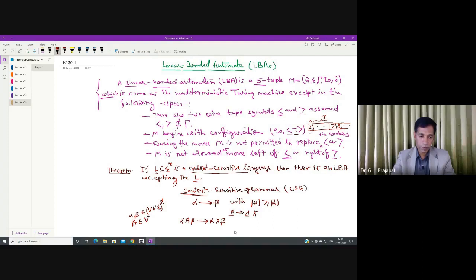And X can also be a string of non-terminals or terminals both, but the condition regarding X is that the length of X must be greater than or equal to 1. This means the length of X can't be 0, means X cannot be null.